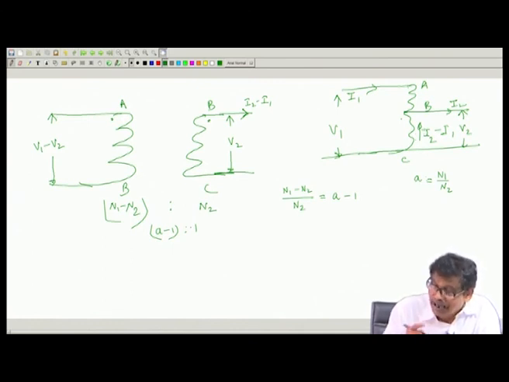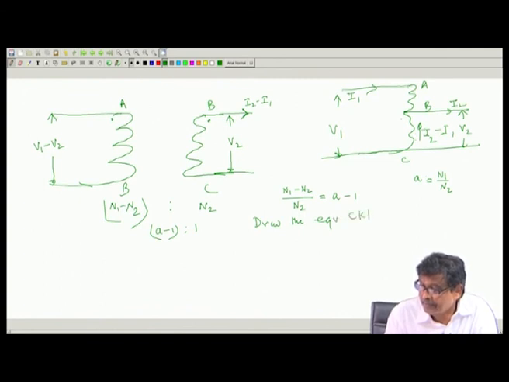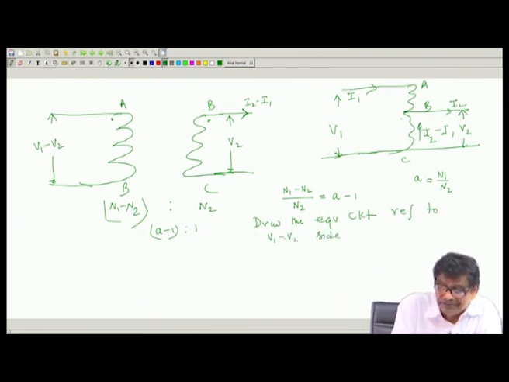Then I will go another step ahead, and today I will stop it here. Then draw the equivalent circuit, referred to the V1 minus V2 side, because this winding will see that across it has been applied a voltage of V1 minus V2. And what will be the equivalent circuit?